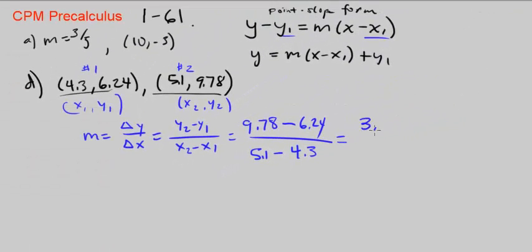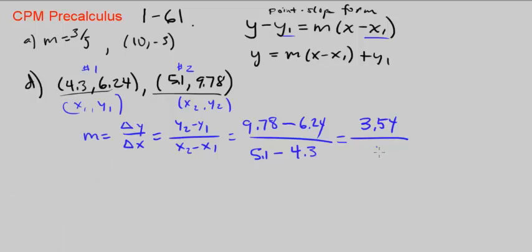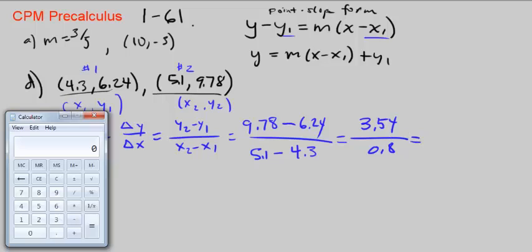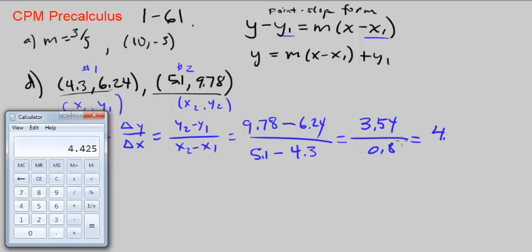For the denominator, 5.1 minus 4.3 is 0.8. Then we divide: 3.54 divided by 0.8 is 4.425. We're not approximating at all because we have exactly that many digits.